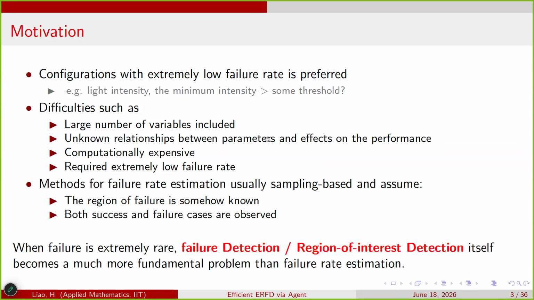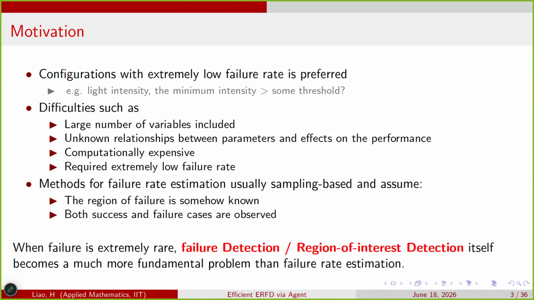There are some methods for failure rate estimation right now, but most of them usually have some very hard assumptions to satisfy when you're actually trying to do the verification. Lots of them are based on two assumptions. The first is that the region of failure is somehow known.